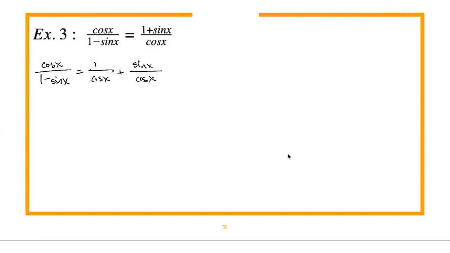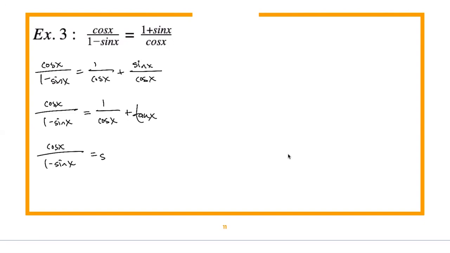Okay. Now what? So 1 over cosine of x, that is secant x.